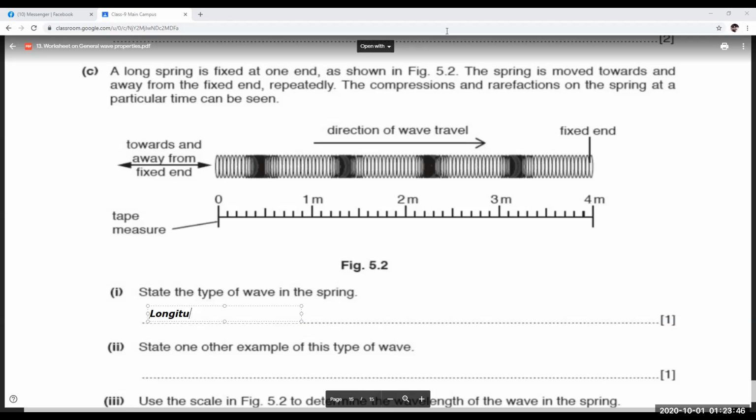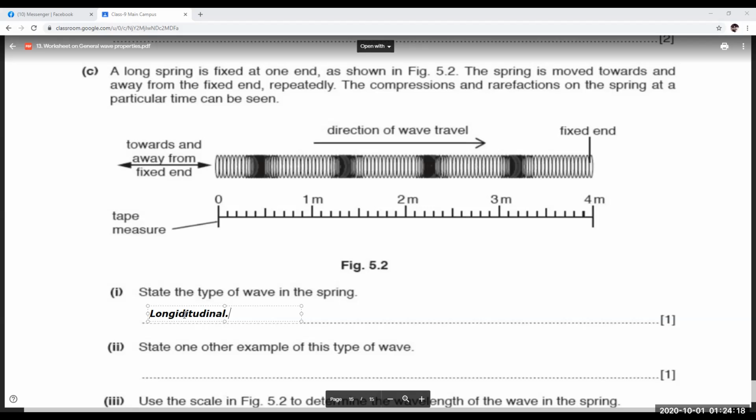Yeah, you are correct. Longi, then tu, di, then nal.